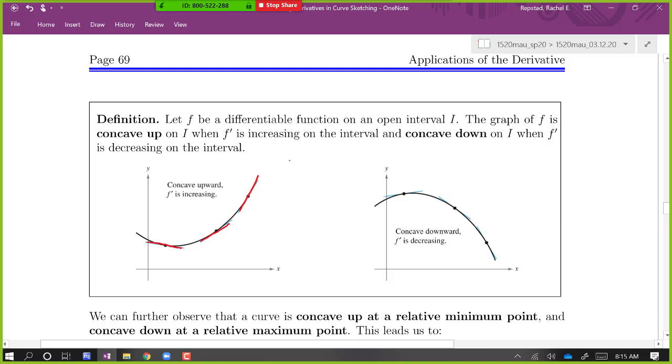If f prime is increasing, what can you tell me about the second derivative?